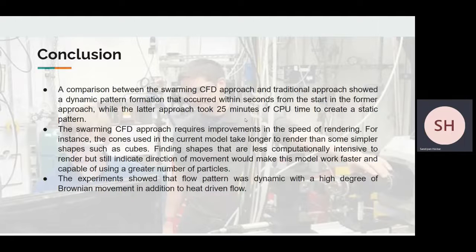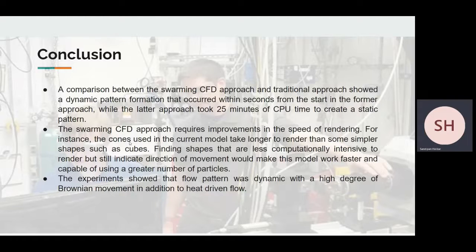Considering that the standard simulation tools use the Navier-Stokes equations, which describe the system as a whole from the top down, and which have solutions only for simplified cases, a question of trust in the outputs can legitimately be asked. The swarming CFD requires improvements in the speed of rendering.